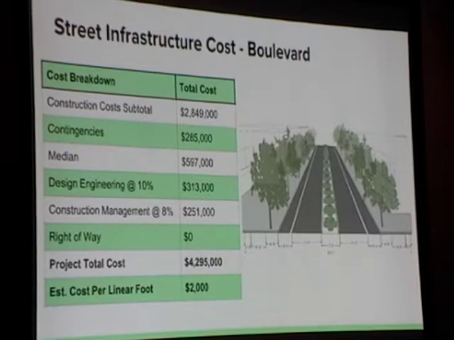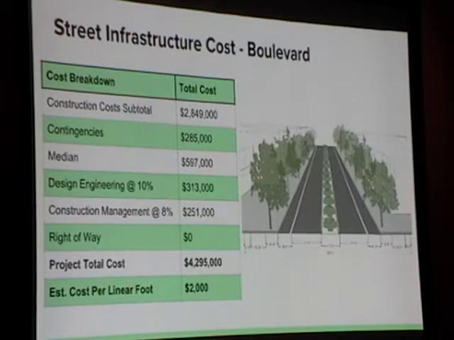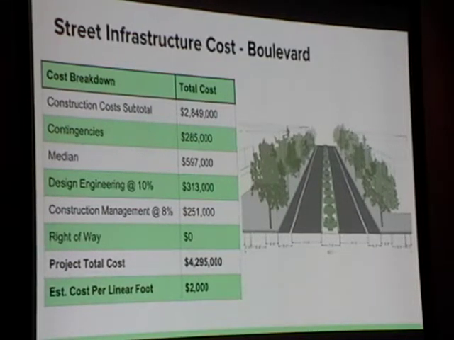Next, we will be looking at the street infrastructure cost of the boulevard. The construction cost subtotal was $2,849,000. Contingencies was $285,000, and the way we derived the cost for the median was from a case study in Grand Rapids, Michigan, where they had a project called the Median Island Project.